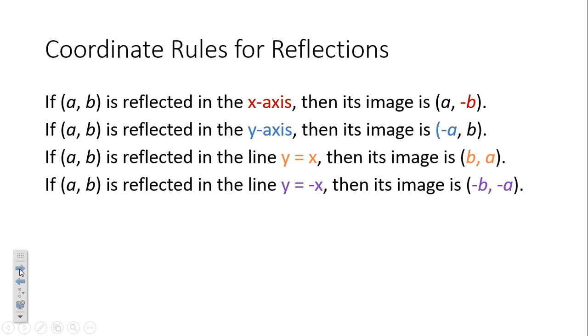If the point A, B is reflected in the line y equals x, then we switch the x and y coordinates around. And finally, if the point A, B is reflected across the line y equals negative x, then its image has the x and y coordinates switched and the opposite sign. Switch and negate.